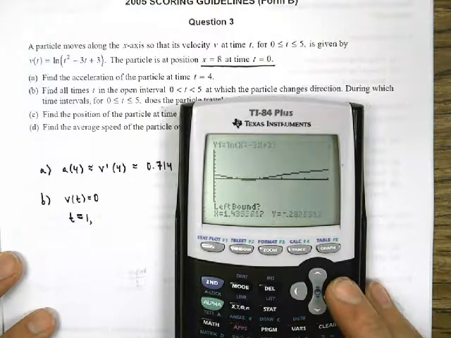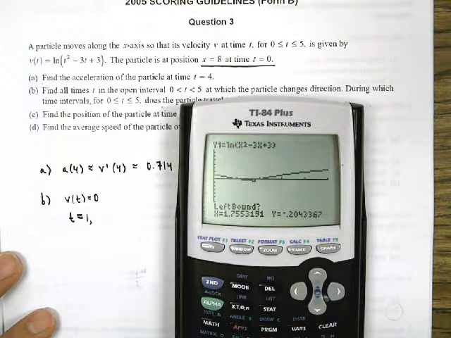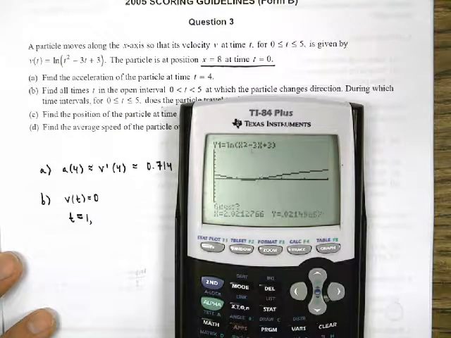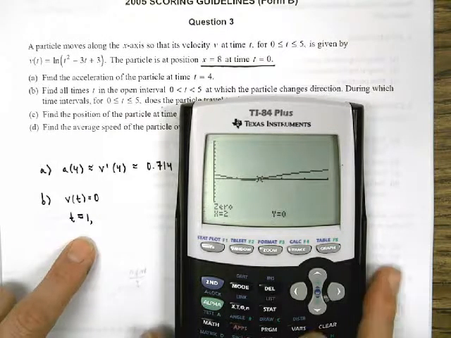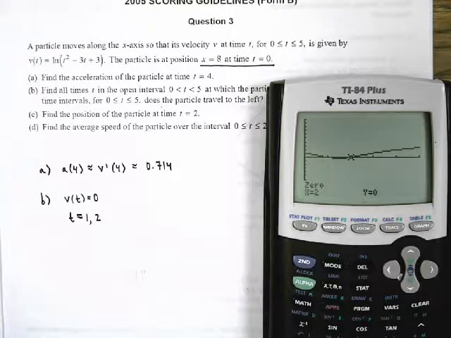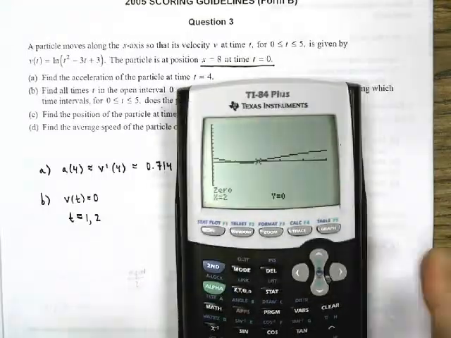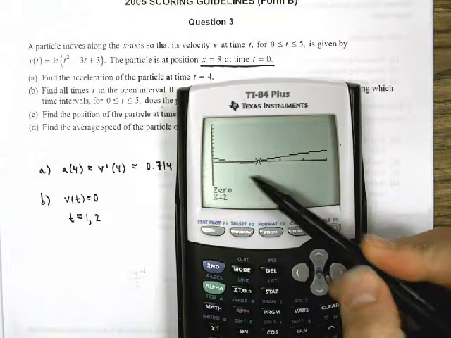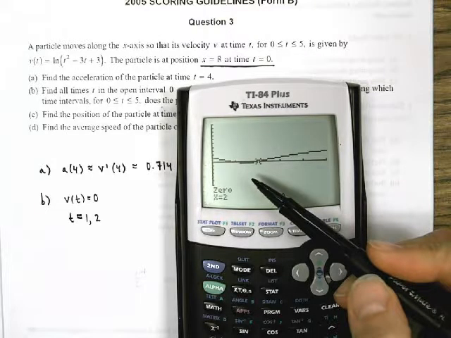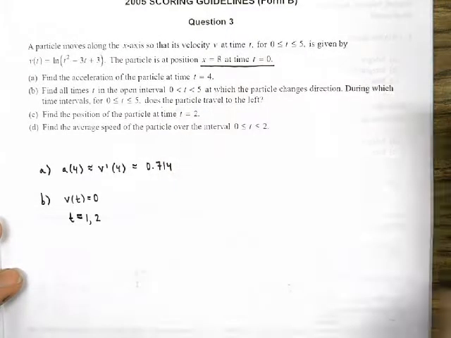Now for this one, my left bound is going to be negative. I want to make sure that's a negative value there. My right bound, switch till it becomes positive, and I get an x value of 2. Now, I can see on my calculator that my velocity is negative on the interval from 1 to 2. So I know I'm traveling left on that interval.